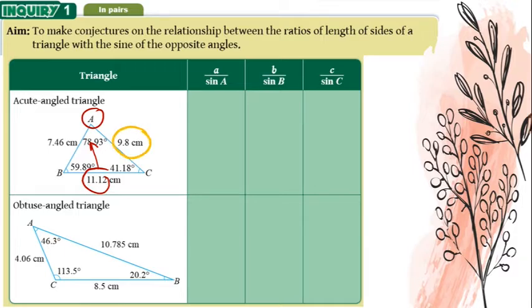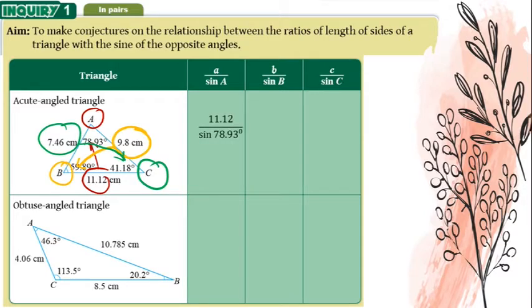For this one, 9.8 is b, which is small b, located opposite to vertex B. And lastly, this length of side 7.46 is opposite to vertex C. So you have to fill in the values according to these formulas and try to find the answer. But I already did it for you.